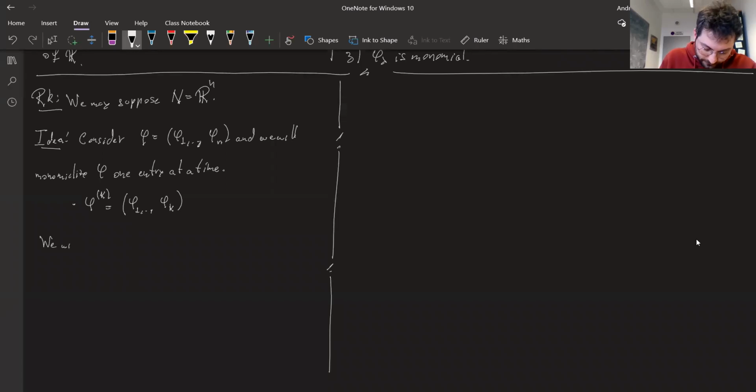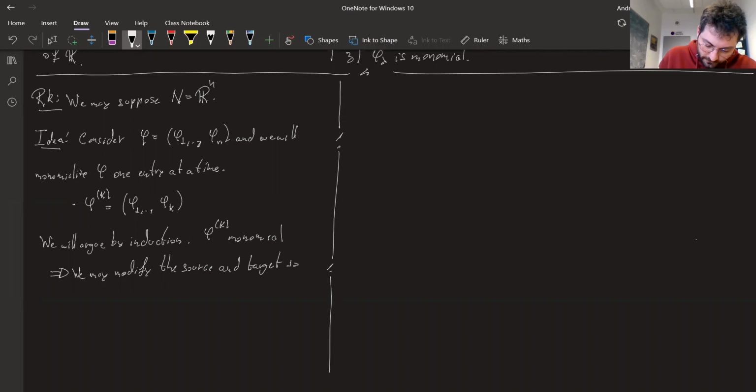We will argue by induction: phi k monomial, starting with phi 0, which is just the constant function, implies we may modify the source and target so that phi k plus 1, which I recall is just phi k with the last entry, is monomial.